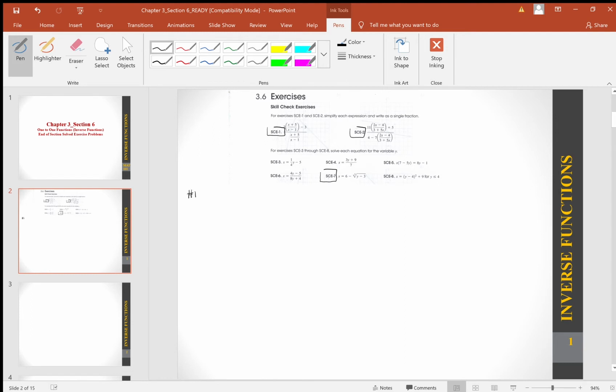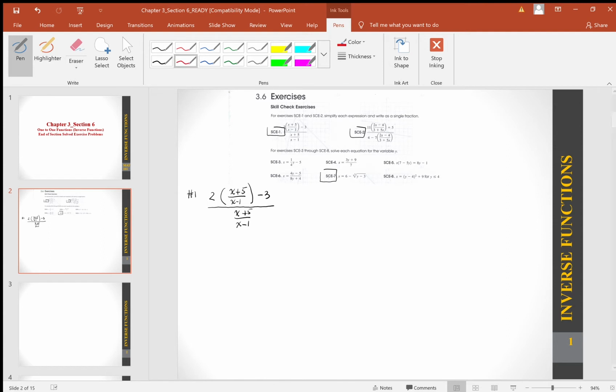With number 1, I'm just going to rewrite the problem. That's 2 times x plus 5 over x minus 1, minus 3, all divided by x plus 5, and divide that by x minus 1.